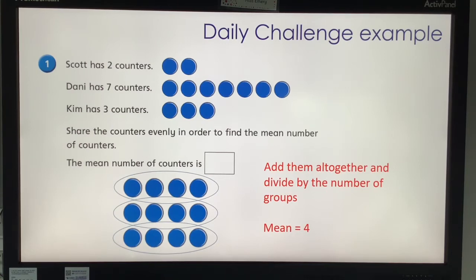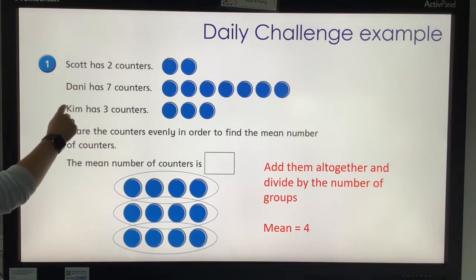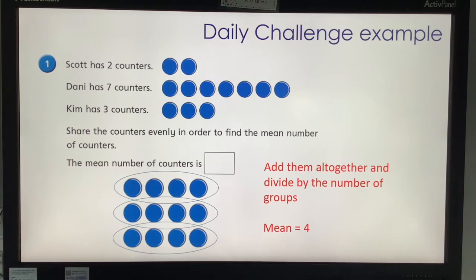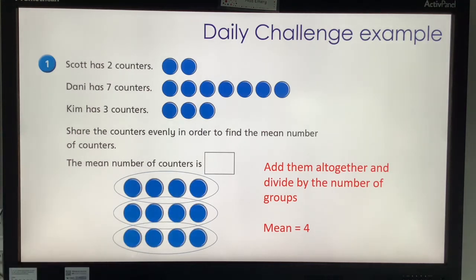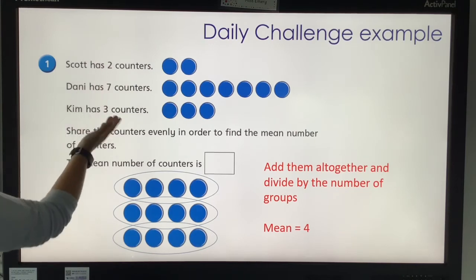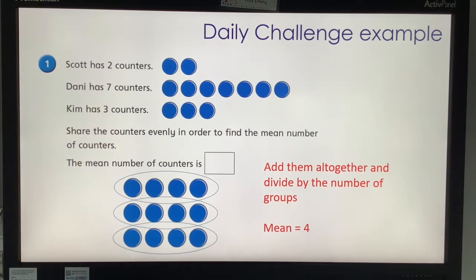And we divide it by 3 because we've got 3 people. So we'd put all of their counters together and then share it into 3 groups. And that gives us 4 in a group. That tells us that the average, the mean number of counters is 4. Now it's not the exact number of counters because Scott has less, so does Kim, and Danny has more. But it's the mean, it's the average.